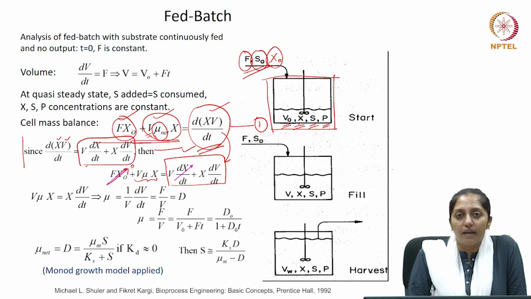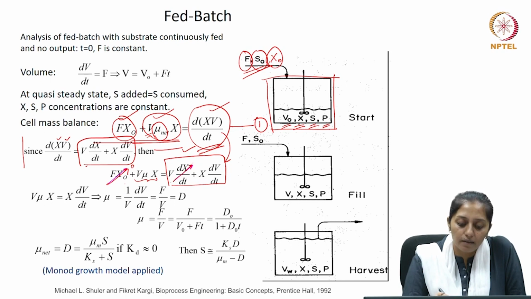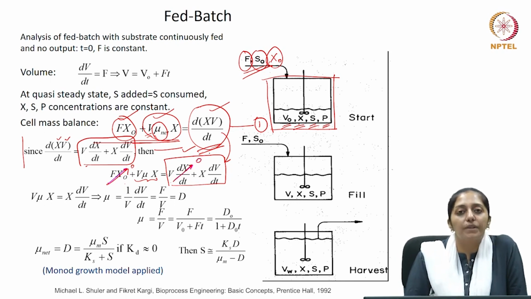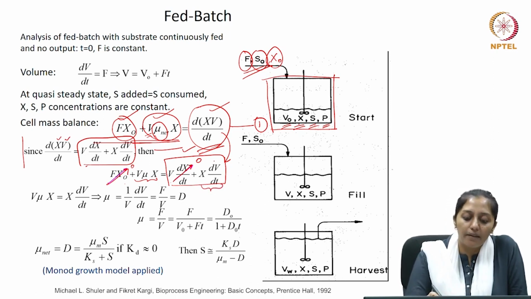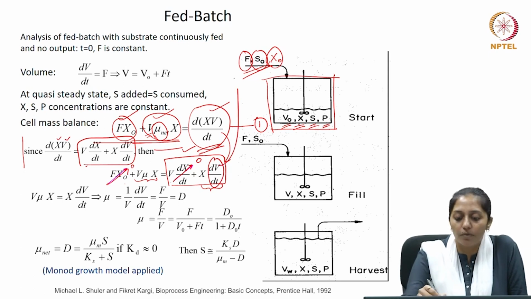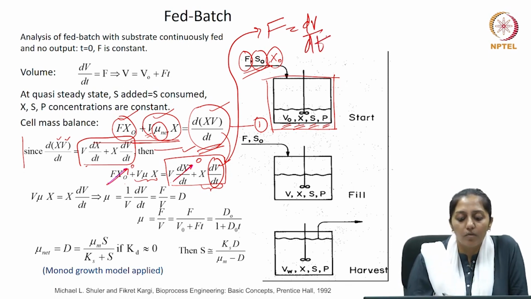Steady state would mean that x is not changing with time. So, at quasi steady state, this term will also go to 0, and the second term remains, which is x dV by dt. Now, you know dV by dt was equal to F. So, now we will substitute F in place of dV by dt here.